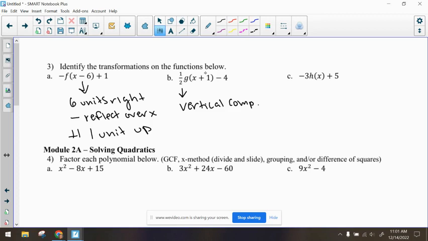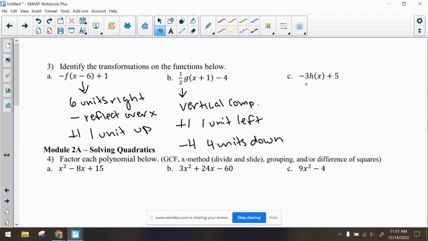The next thing that I see on the inside is that positive 1. That is our horizontal translation. Inside we go opposite, outside we go same. That moves my function 1 unit to the left. And finally, we see a minus 4 at the end. That is our vertical translation. That moves my function 4 units down.